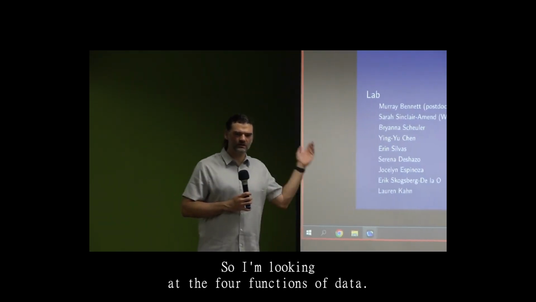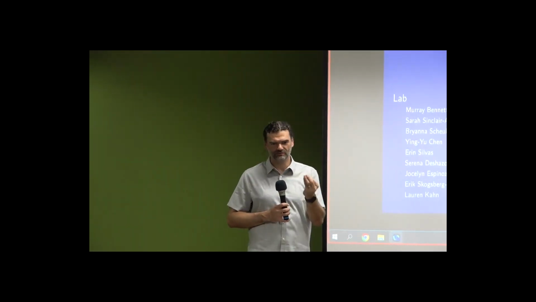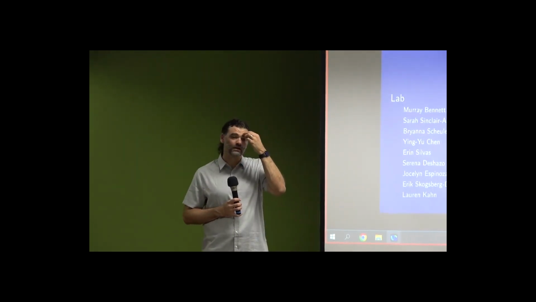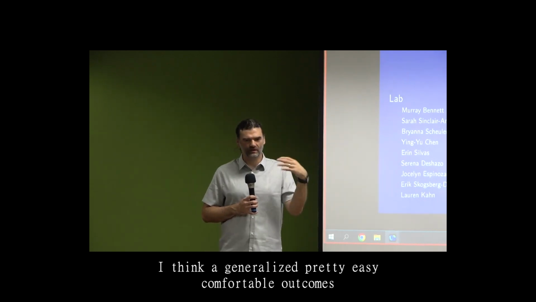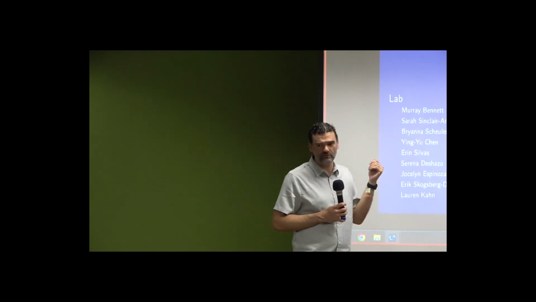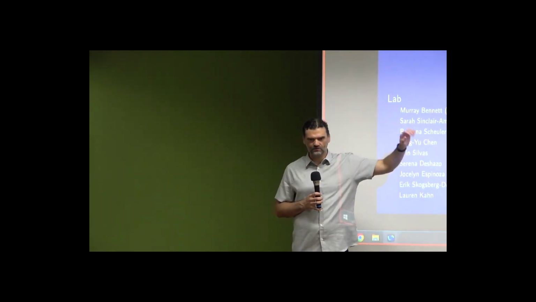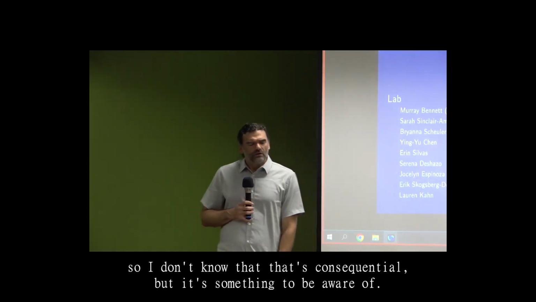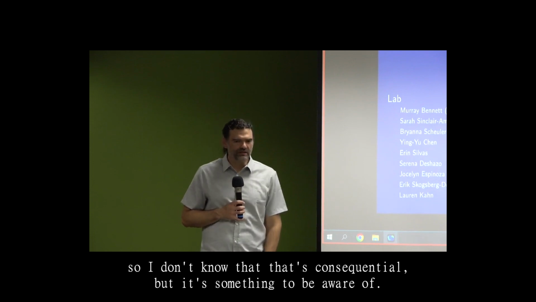I'm looking at the full functions of data. They're looking at particular univariate outcomes, or just countable ones. I think it generalizes pretty easily to countable outcomes, whereas the cumulative hazard function in theory is a continuous function. Sure, like in function space. Yeah. I don't know that that's consequential, but it's something to be aware of.